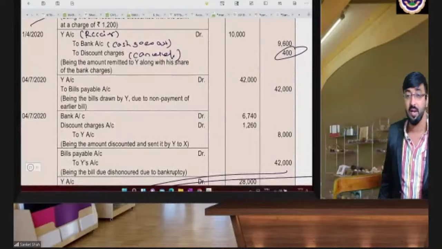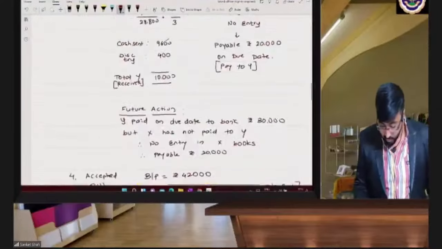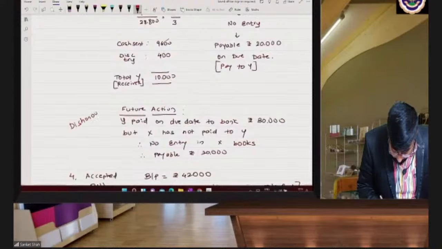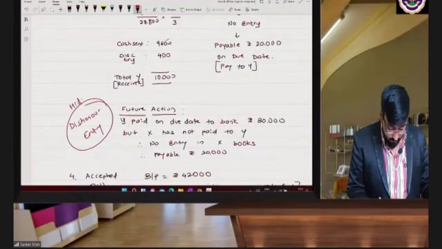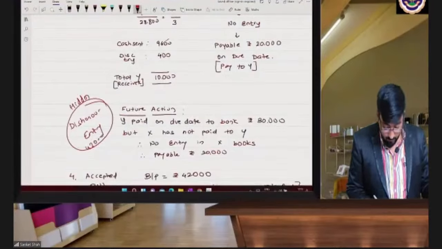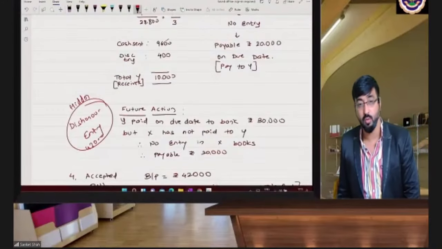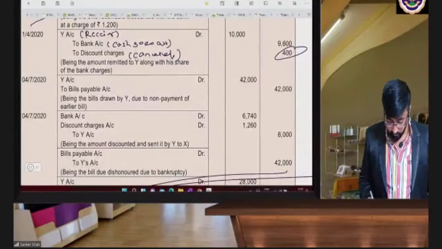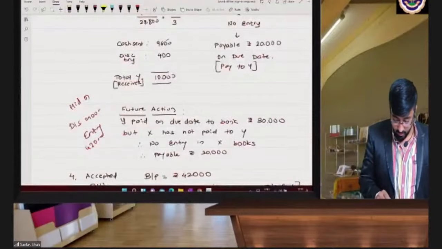Then the next entry, Y account debit to bills payable. So on the due date, what happened? This is 42,000. I forgot this entry, the dishonor entry. It is a hidden entry, that 42,000 we have not paid to the bank.